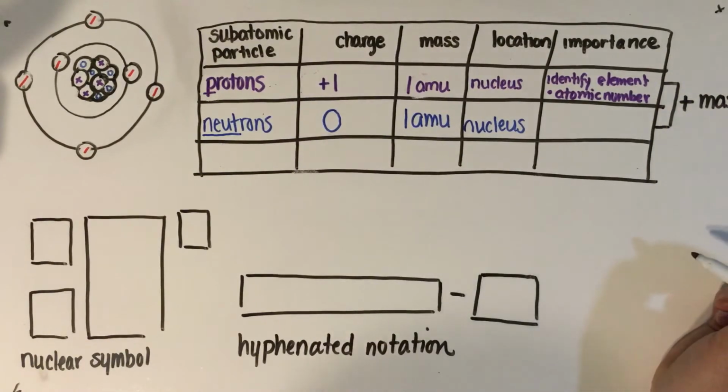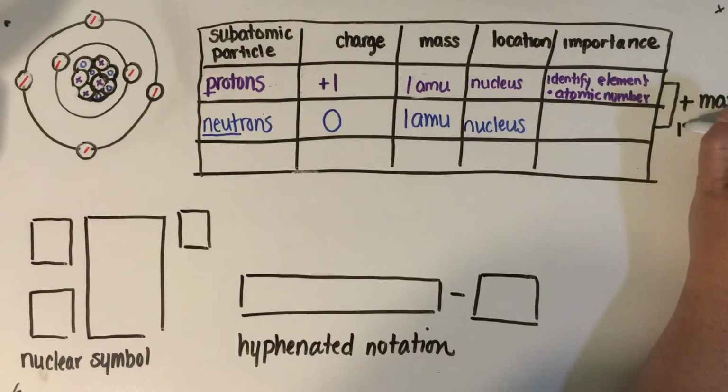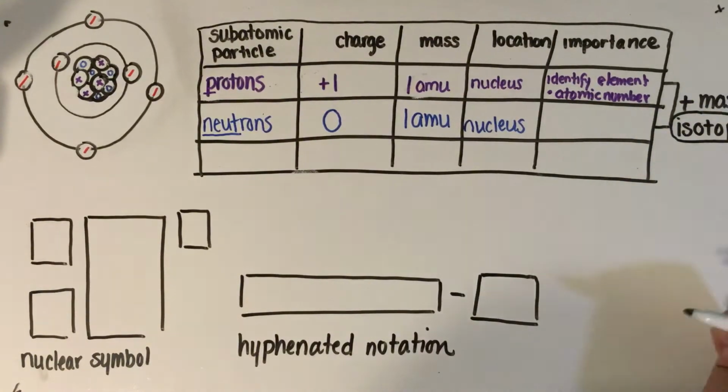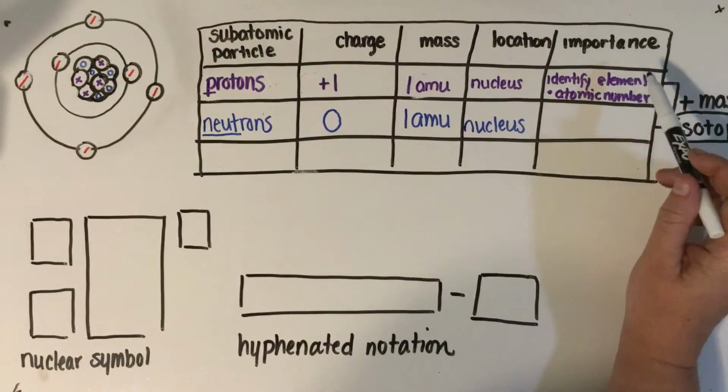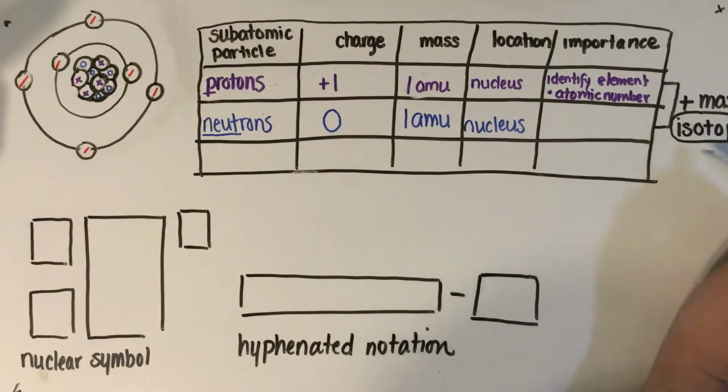If we change the mass number by changing the number of neutrons within an atom, that new atom would be considered an isotope of the original atom that we had. Isotopes are the same element but different numbers of neutrons, and since they have different numbers of neutrons, they have different mass numbers.